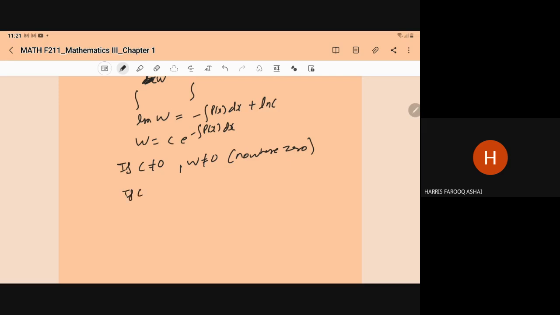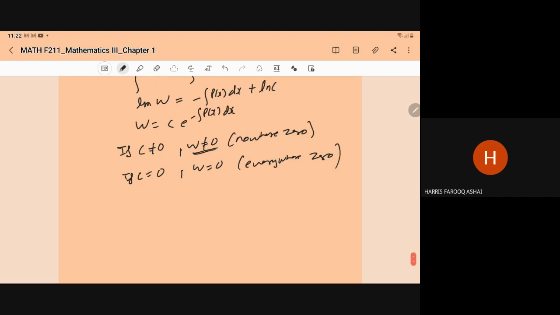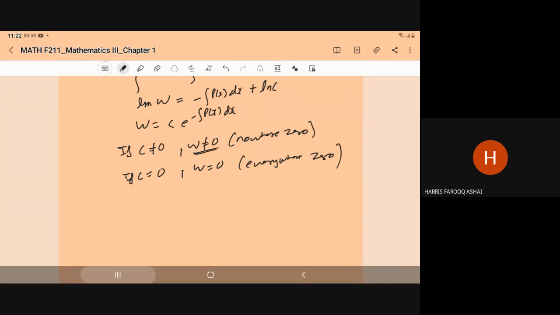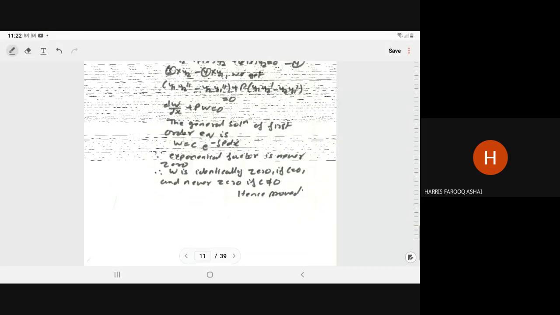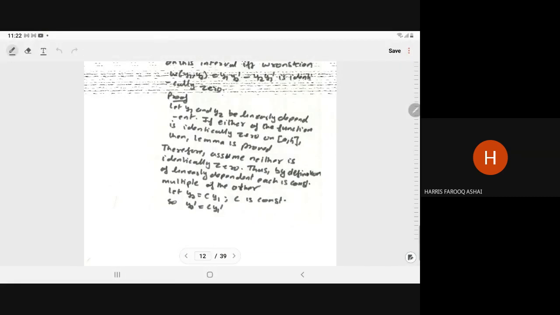If c is equal to 0, W is also 0 everywhere. This will prove that the Wronskian is either nowhere 0 or everywhere 0 in the closed interval AB. There is no fluctuation between the 0 and non-zero value of the W.